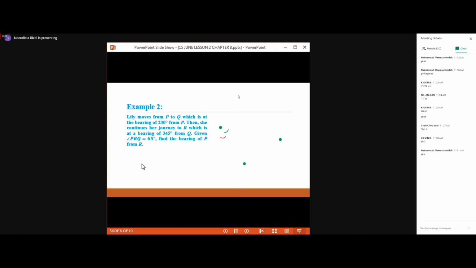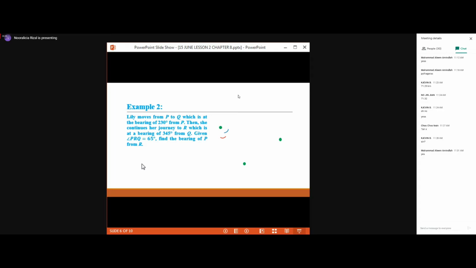All right. So I'm going to review the diagram. So please check with yours. First sentence. Lily moves from P to Q, which is at the bearing of 230 from P. So you have at P, and 230 is in which quadrant?